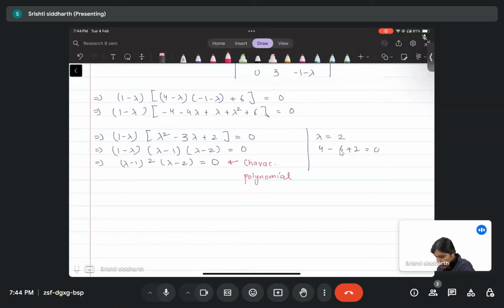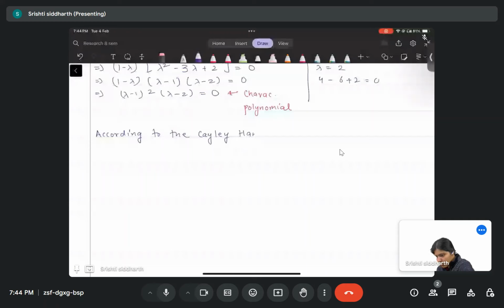So according to the Cayley-Hamilton theorem, we can substitute A instead of lambda. So A minus identity, A minus 2I into C. So now let's consider another polynomial.